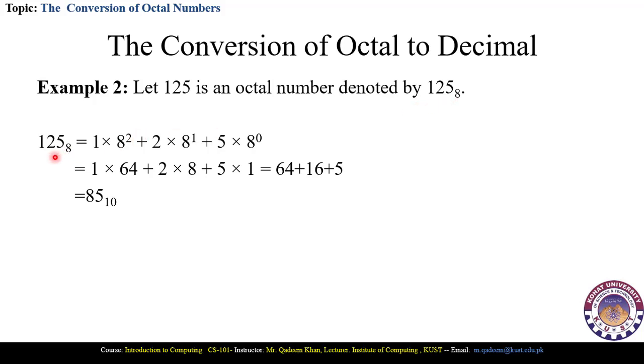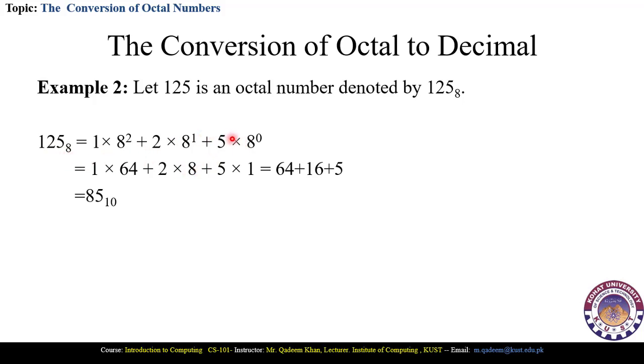So 125 to the base 8 is equal to 1 multiplied by 8 raised to power 2, because there are three digits in this input, so 3 minus 1 is equal to 2, plus 2 multiplied by 8 raised to power 1, because we have two digits after this. So 2 has the hundreds digit value, so this will be n minus 1, so 2 minus 1 is equal to 1, plus 5 multiplied by 8 raised to power 0.